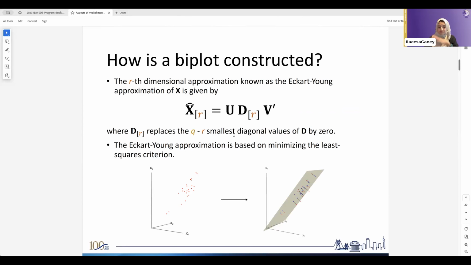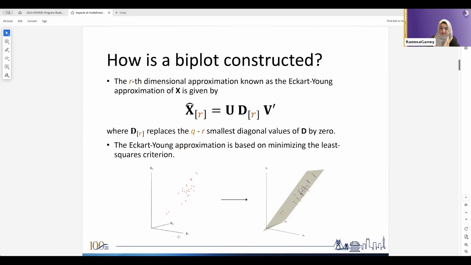So you want to visualize this p-dimensional data in 2 dimensions or 3 dimensions, so R will be 2. And the D matrix is a diagonal matrix consisting of singular values. So the rest of the Q minus R on the diagonal will be replaced by 0.